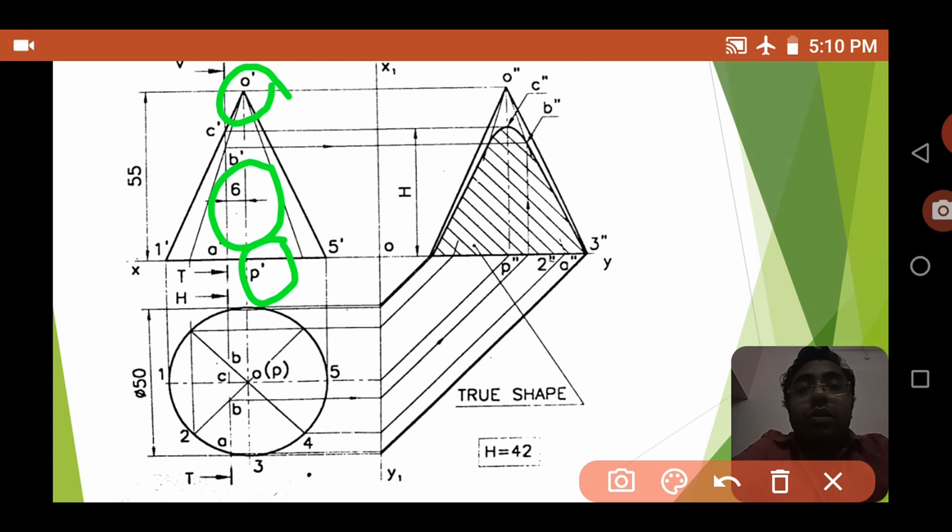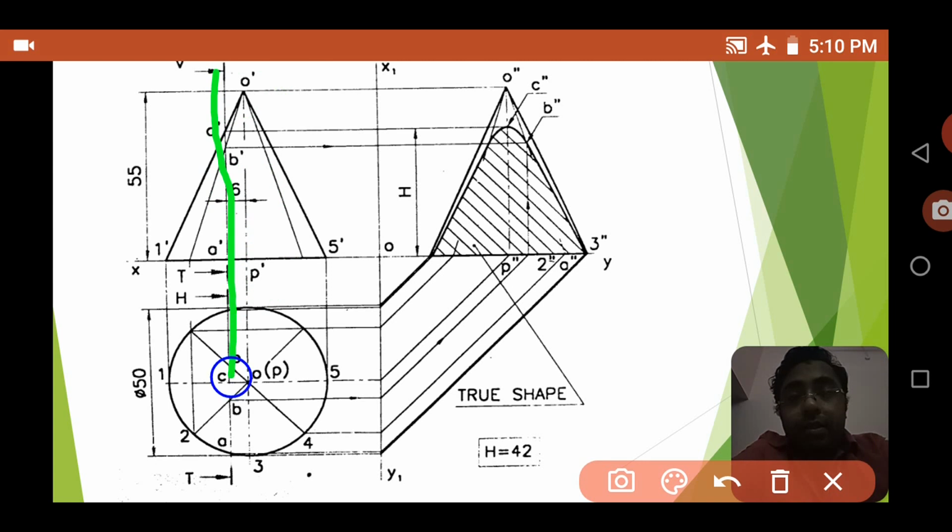Okay, so you mark a line, and this line represents the cutting plane. Now you can see C dash here and this line. You have to mark this line, that is the VT, here you can name it as T and V. So that is the vertical trace.